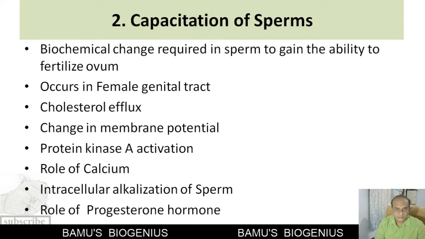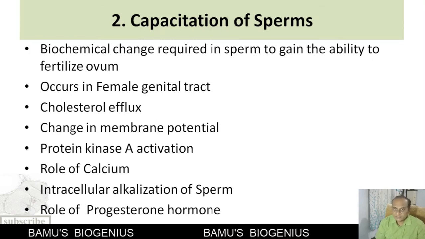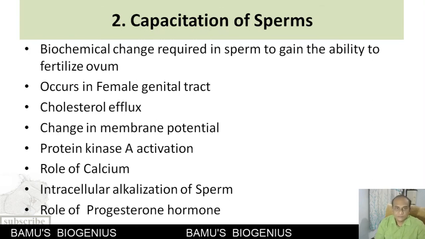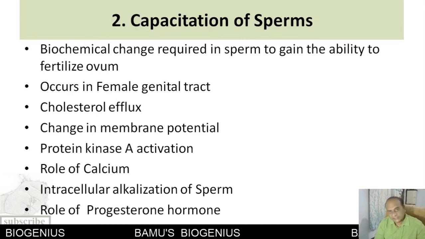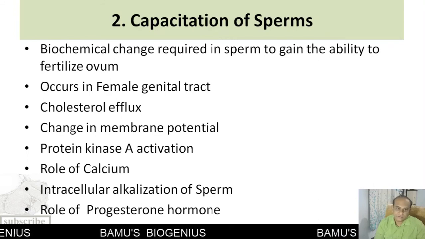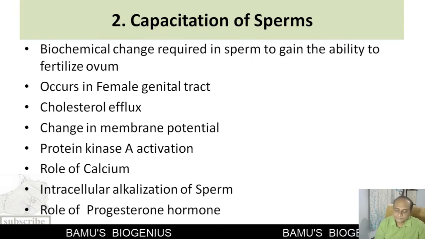For example, in this case, the calcium ion and bicarbonate ion channels open, and because of that, the calcium present in the surrounding medium inside the female genital tract enters inside the sperm. Even bicarbonates that are present in the seminal fluid also enter inside the sperm.